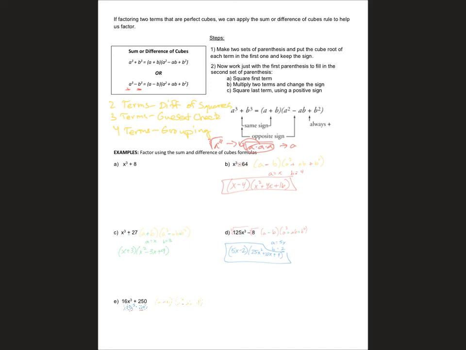Okay? Now we get to do exactly what we've done the previous 4 examples. So the cube root of 8x to the third, A, would equal 2x. The cube root of 125 is 5, okay? Again, I'm not going over that specifically on this.